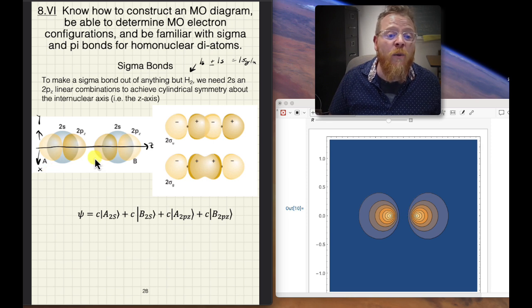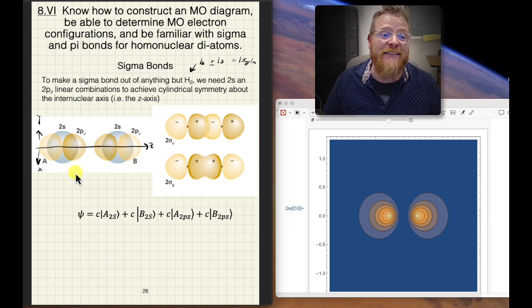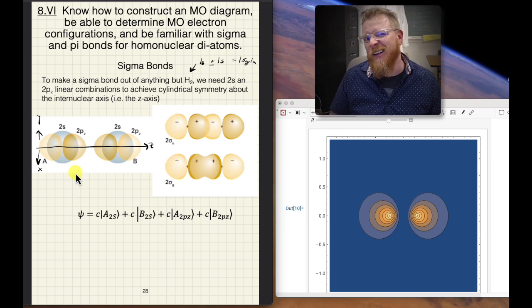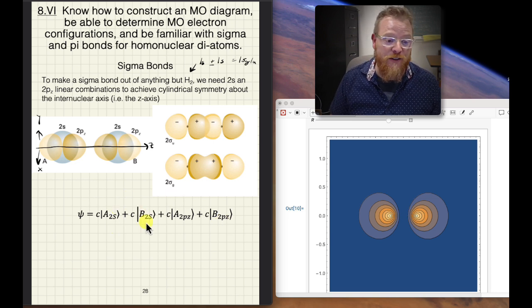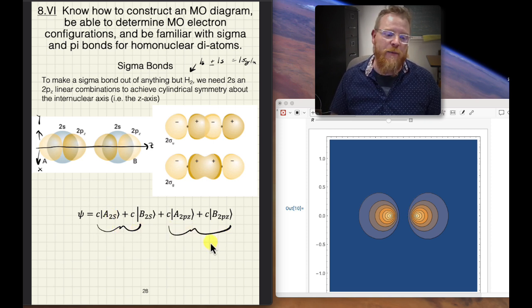So now, once we're past H2 and really past helium-2, we have to use 2s and 2p. So our complete basis set becomes the following. We can have linear combinations of 2s, and we could have these other linear combinations.